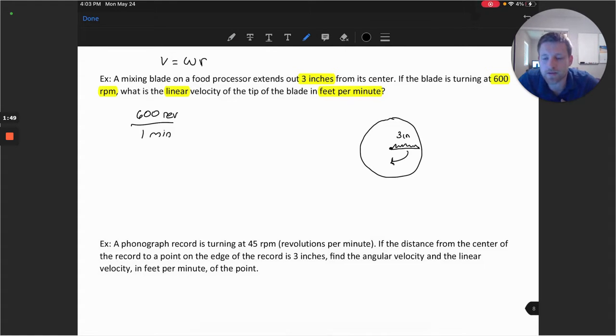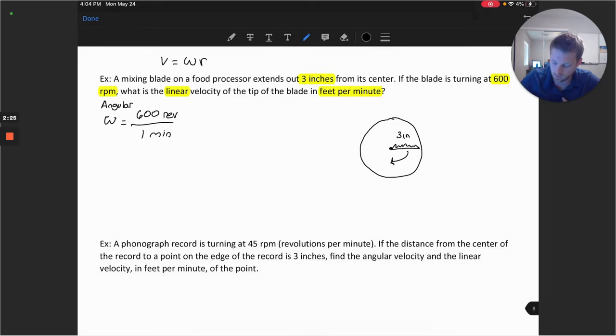So one thing to consider here, revolutions per minute is not in our regular units for omega, but with a small change, we can get this into radians per minute, which is really helpful for converting between omega and our linear velocity v. So our omega here, which is our angular velocity, we can say this is going to be our 600 revolutions per 1 minute.